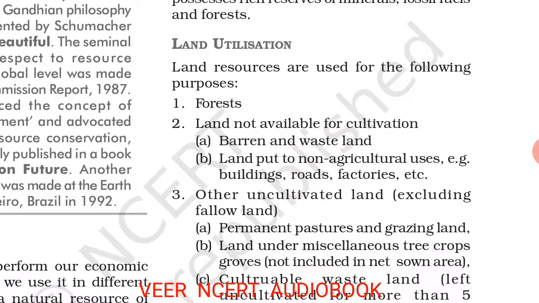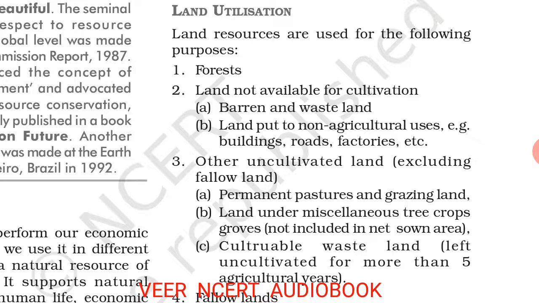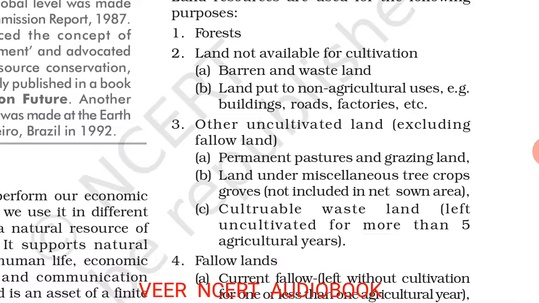Land utilization. Land resources are used for the following purposes: First, forests. Second, land not available for cultivation, that is barren and wasteland, and land put to non-agricultural uses, for example buildings, roads, factories, etc. Third, other uncultivated land, excluding fallow land.